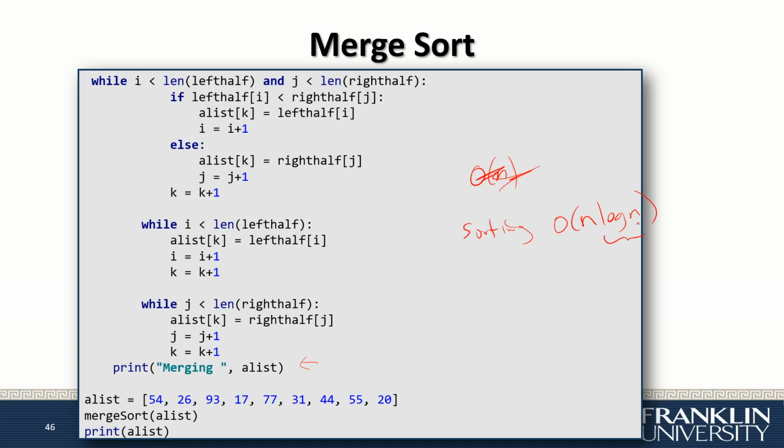The log n happens because we are splitting the list until we have only one item, the divide and conquer. The n happens because we're merging them, and the product of the two becomes n log n.